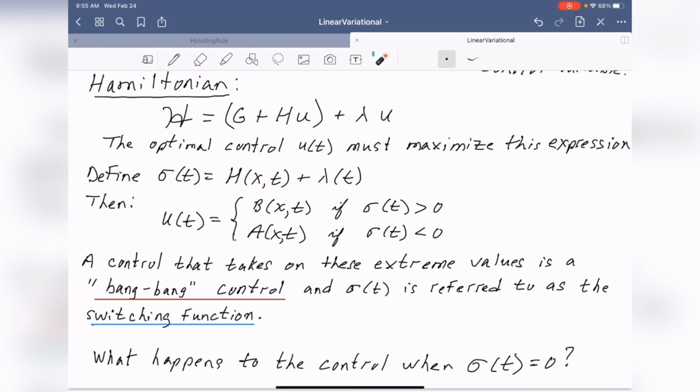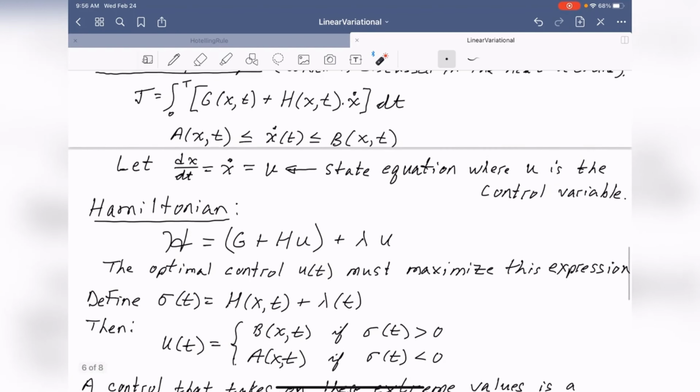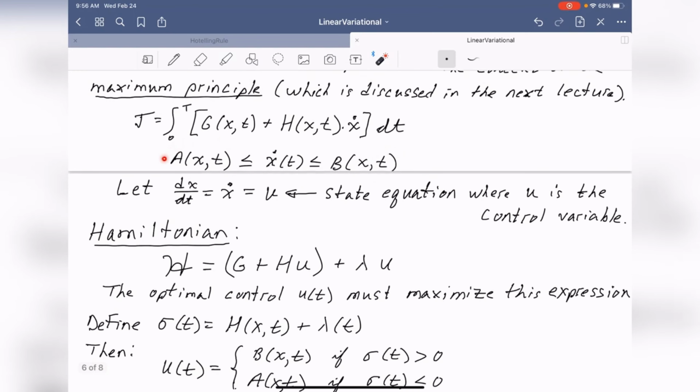So we have h x t plus lambda t, and that we define to be sigma t, and that ends up being multiplied by the control u. So now, the solution is that u t is equal to b x t if sigma t is greater than 0. And if sigma t is less than 0, we set it equal to a x t. So in other words, our controls are limited to these two.